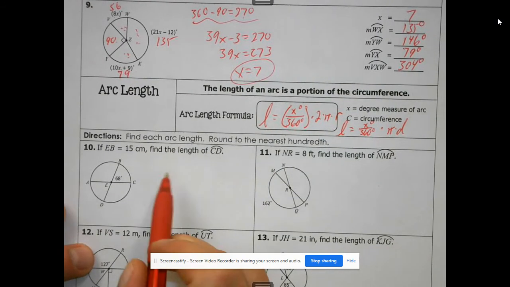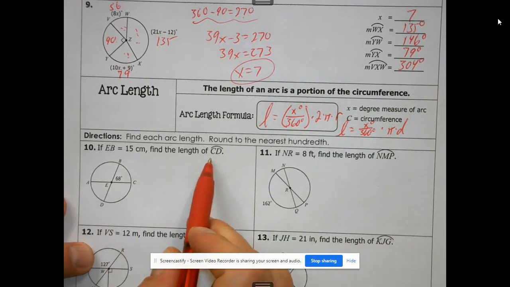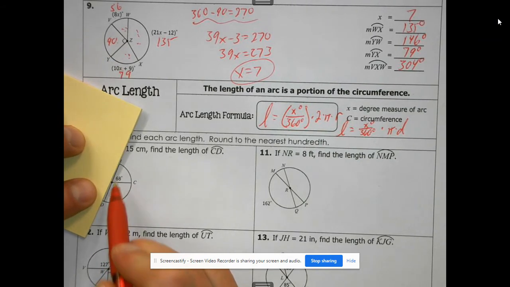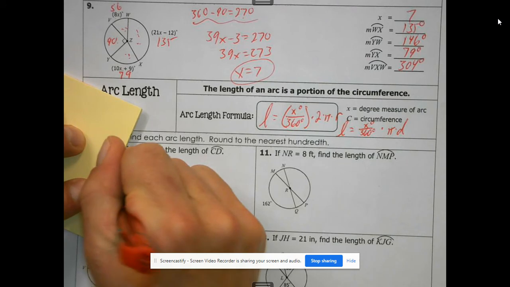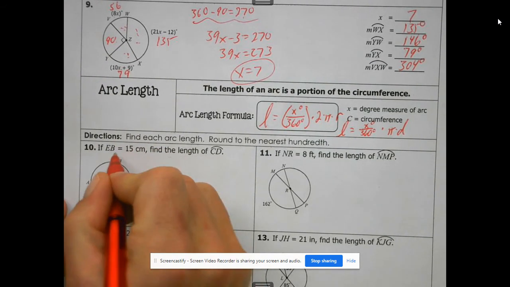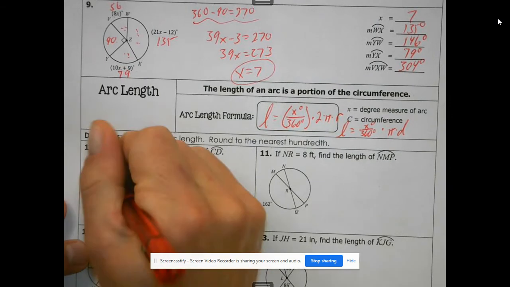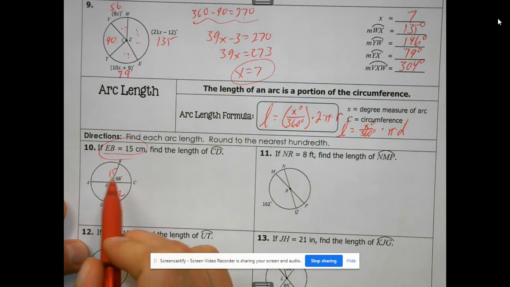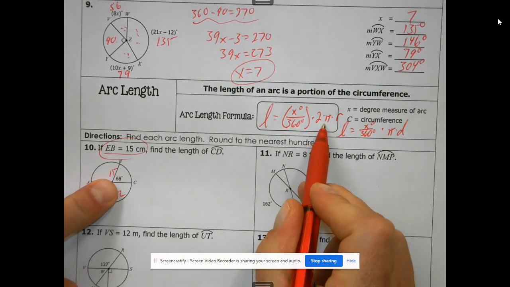All right, 10 says find the length of arc CD. Well, first I need the central angle, right? Take 180 minus that 68, 112. Tells us the radius is 15. E to B is just a radius, it's not diameter. So if I'm given the radius, I can use this guy right here.